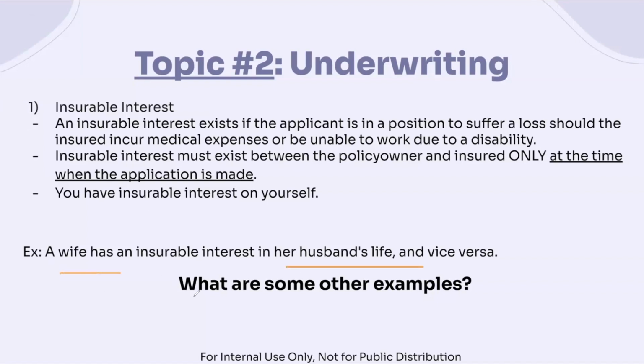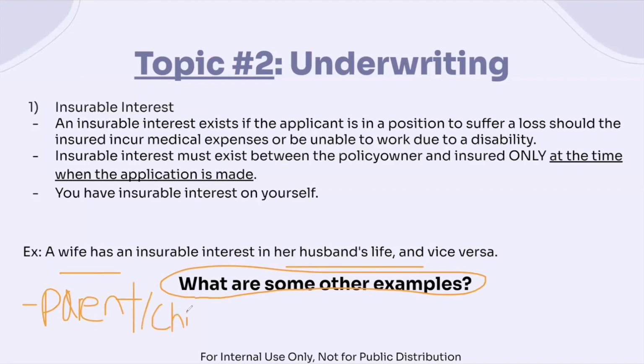So think about some other examples now. What are some other examples? Okay, so let's go over some. We can have a parent and a child, right? We can also have employee and employers, right?